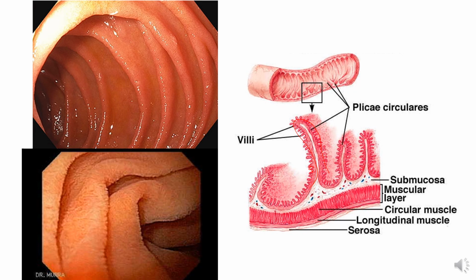The villi cover the entire surface of the mucosa and give it a characteristic velvety appearance in freshly opened organs. So you can see here, this is the freshly opened organ, and the villi are giving a velvety appearance to the organ.